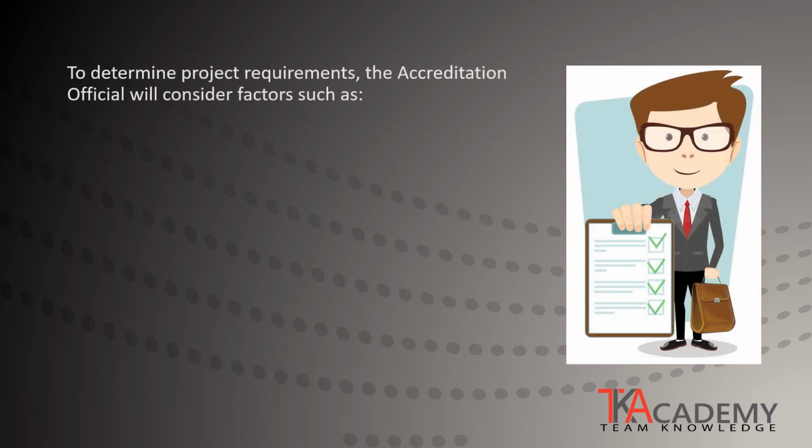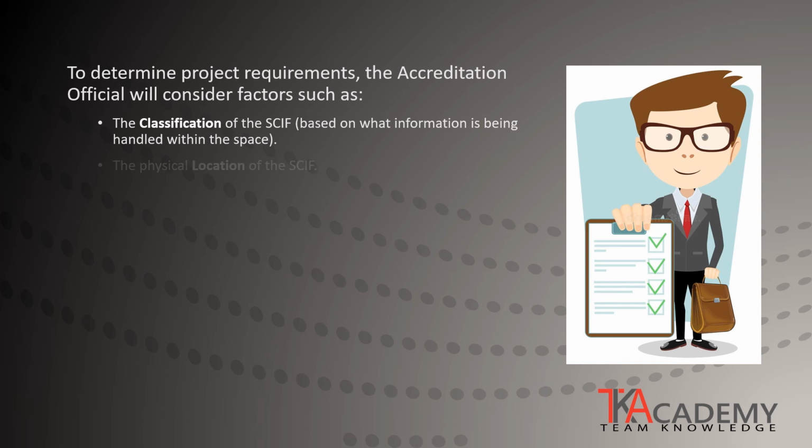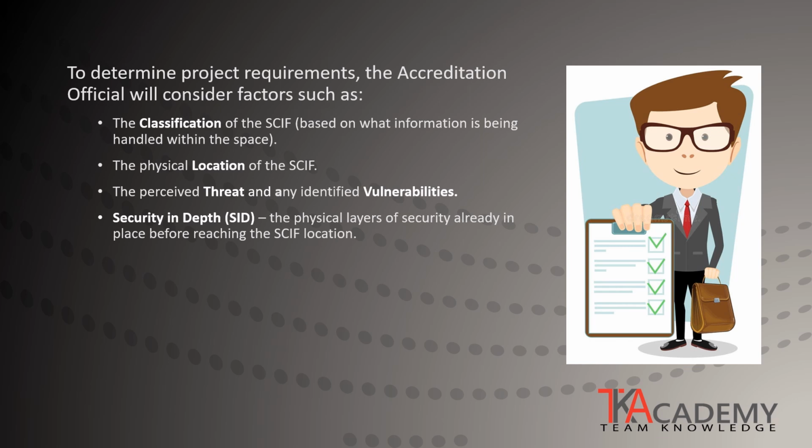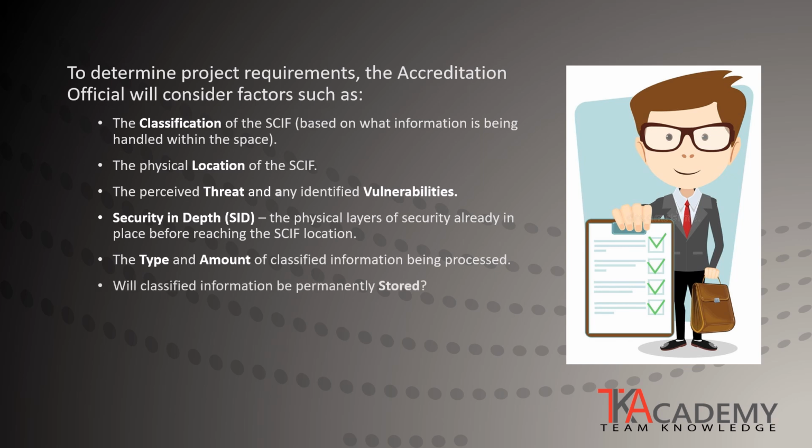Not all SCIFs are the same. There is not one size that fits all. There may be different project requirements for the accreditation official to consider. Factors such as the classification of the SCIF based upon what type of information is being handled within the space, the physical location of the SCIF, the perceived threat and identified vulnerabilities, security in depth, which is the physical layers of security surrounding a SCIF location, the type and the amount of classified information that is being processed within the SCIF, and if classified information is being permanently stored within the SCIF.